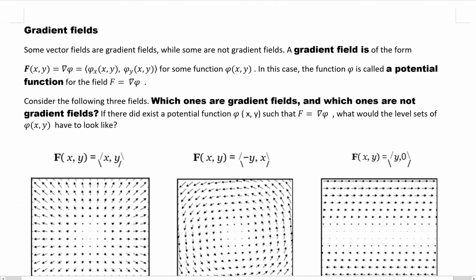Next, gradient fields. We actually talked about gradient fields in chapter 12 already. Some vector fields are gradient fields, while some are not. So what is a gradient field again?